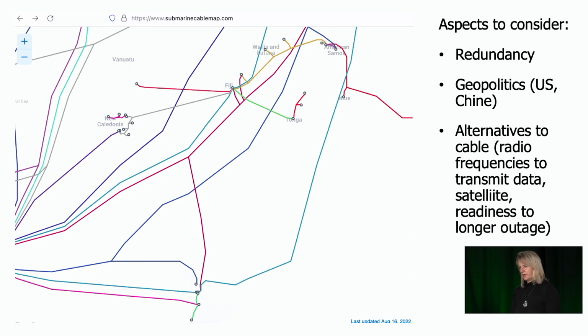And also a third option to consider is what can be alternatives to the undersea cables. We all know that satellite is one option, but quite expensive. In some cases, radio frequencies are also possible to get.